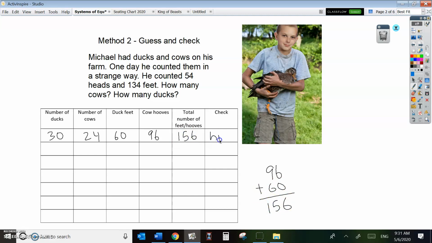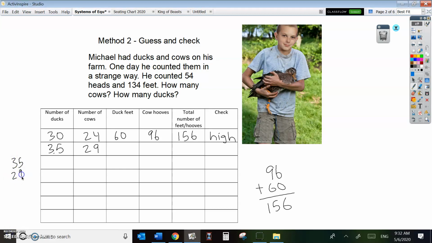So that's high. So we would want to increase the number of ducks to reduce the number of feet, hooves. So if we increased it to 35, then that would make the number of cows 29, because 35 plus 29 should be 54. Let's double check that.